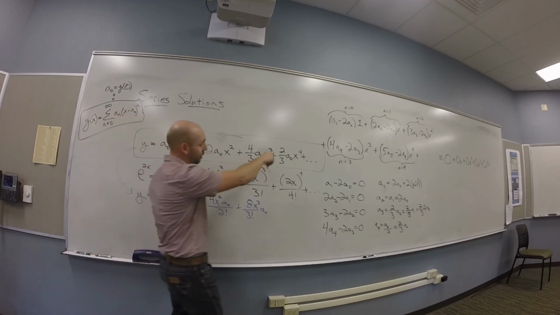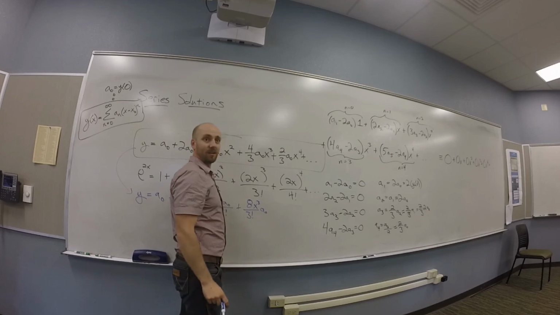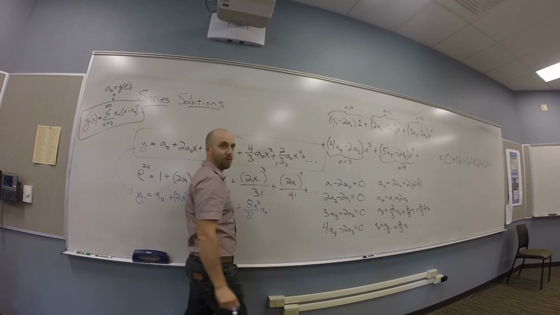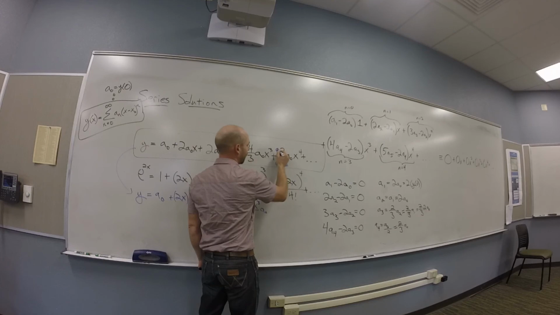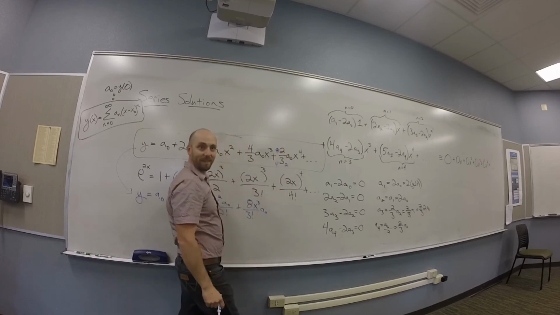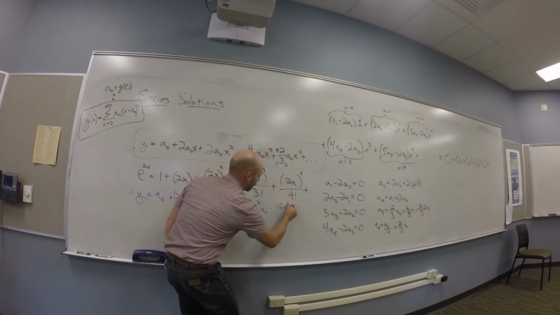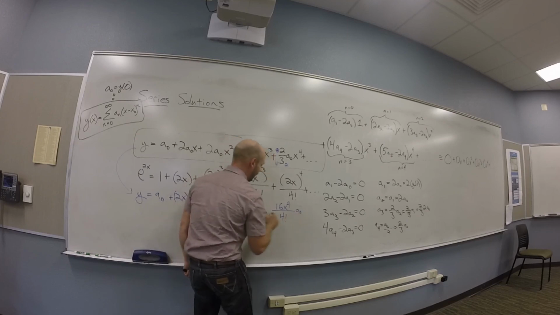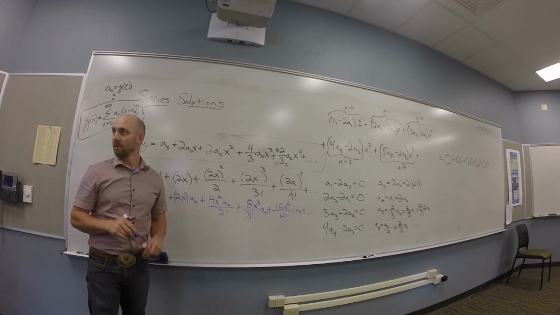And then on your next one, you should see a 4 factorial, right? So I've got a 3, but I need a 4 and a 2. So I need a 4 and a, oh, screw it, it's an 8. So there's my 16x to the 4th and a 4 factorial on the bottom and an a naught. And you could keep playing that game. So that's kind of how you would see an e.